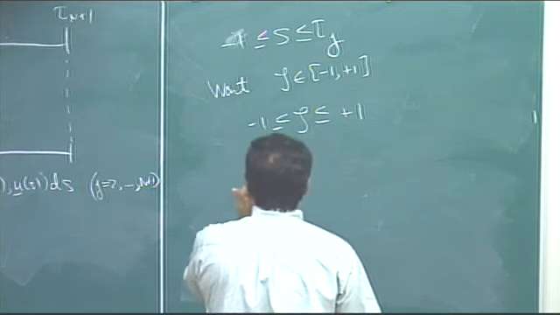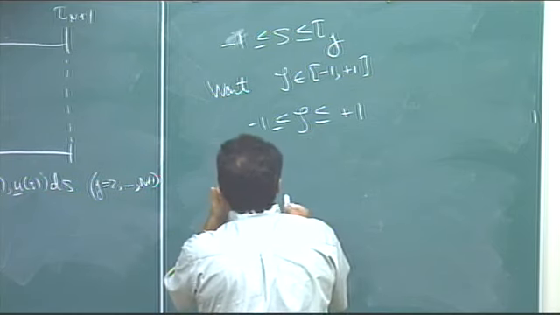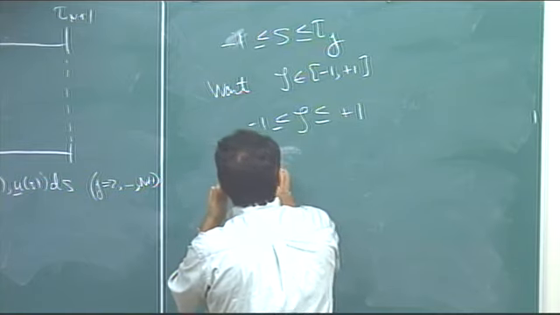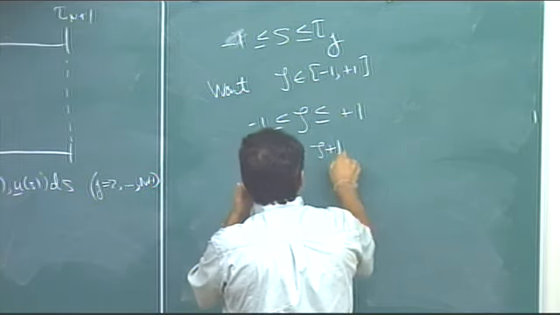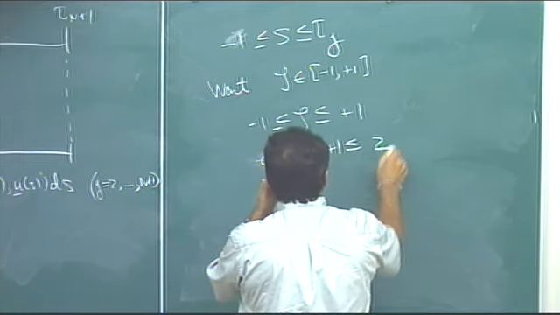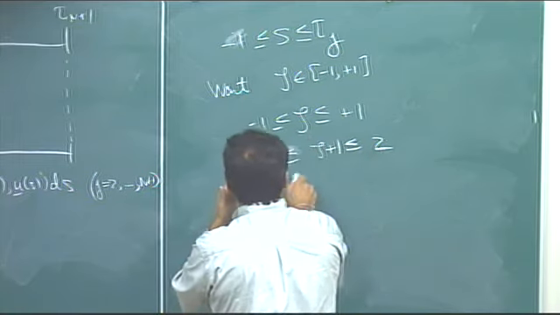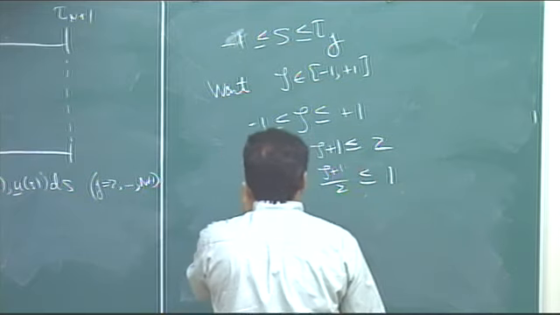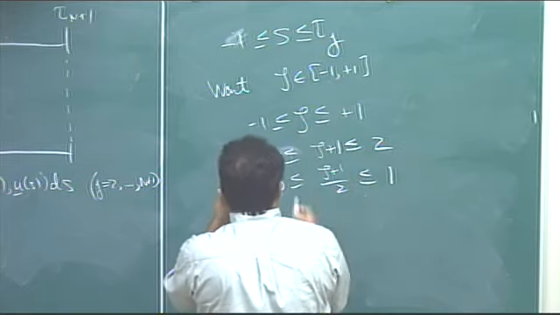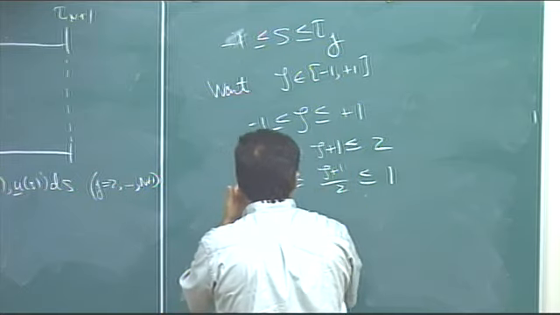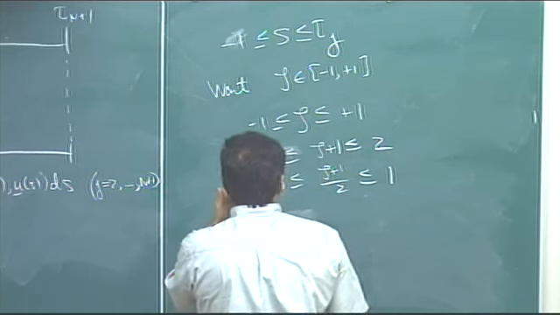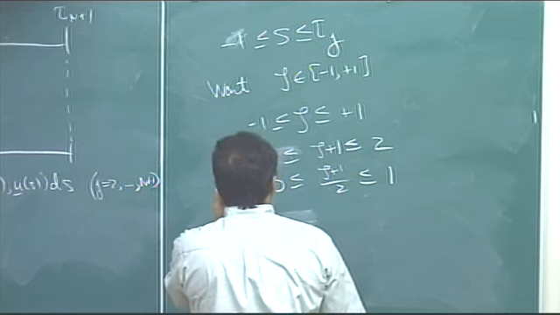So you could say that 0 is less than or equal to zeta plus 1, which is less than or equal to 2. So that says 0 is less than or equal to zeta plus 1 over 2, which is less than or equal to 1. So if I just multiply this by tau j plus 1 over 2, I got 0 is... I'm having so much trouble with this.